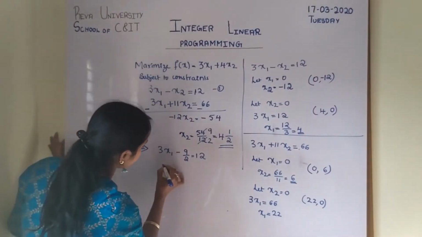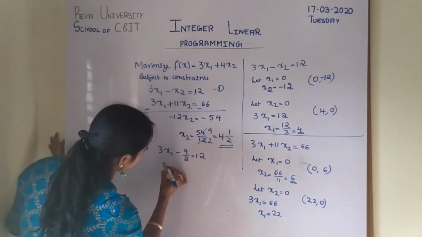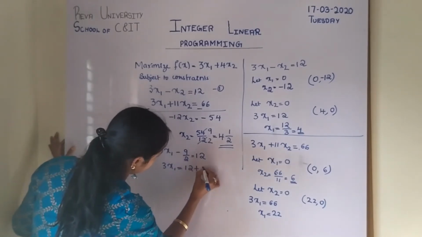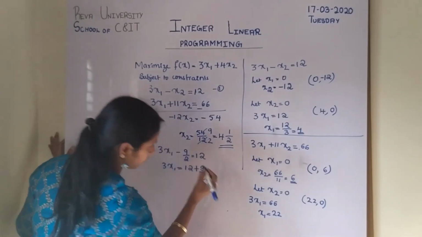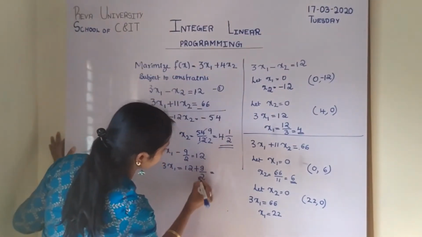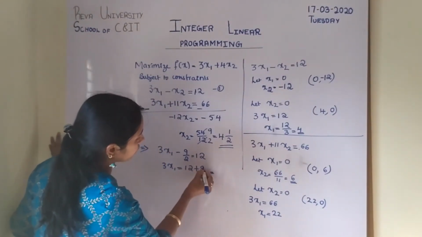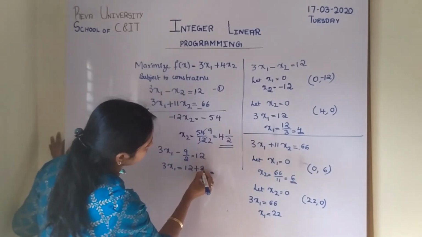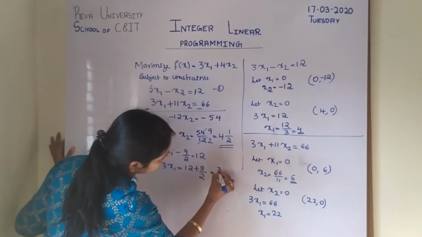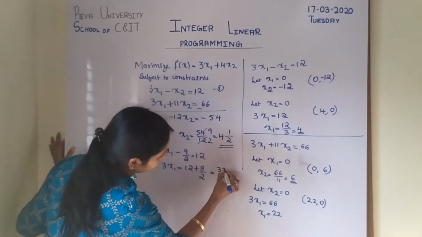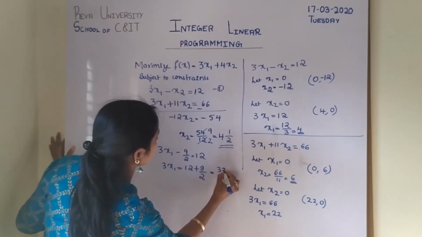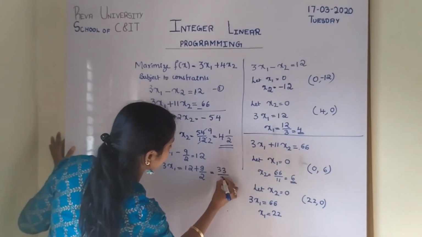Now if I solve this, 3x1 equal to 12 plus 9 by 2. If you solve this, you will get 24 plus 9, which is 33 by 2.